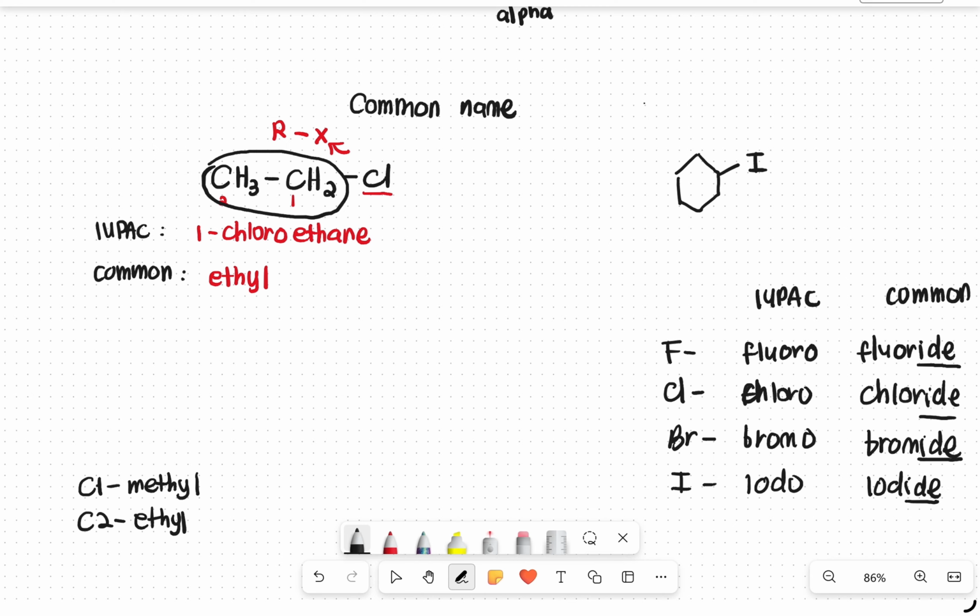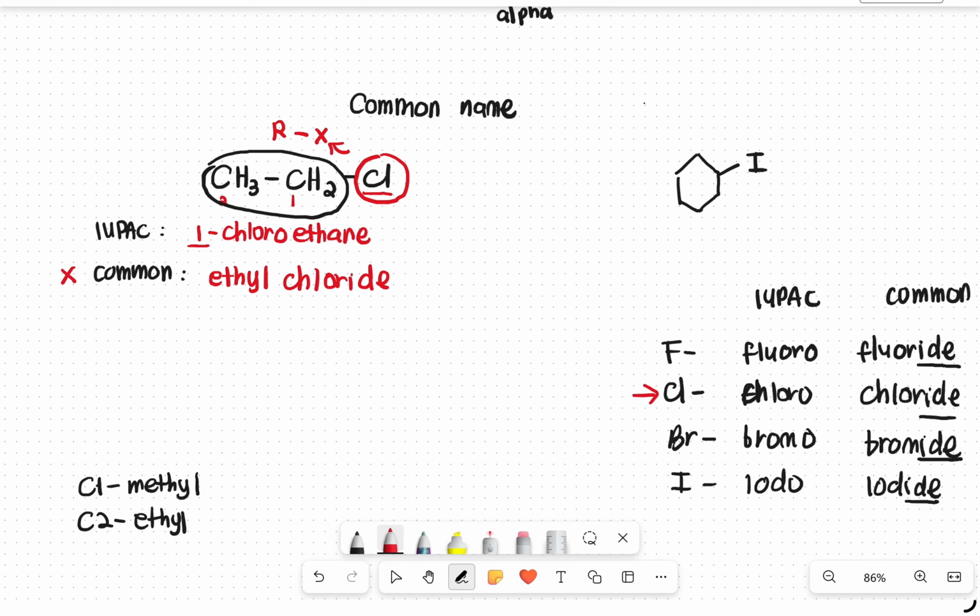So based on this name, ethyl, and this X is Cl. So Cl is here, chloride. So ethyl chloride. Remember, for common names, there is no number, just like before. Numbering is only applicable for IUPAC.